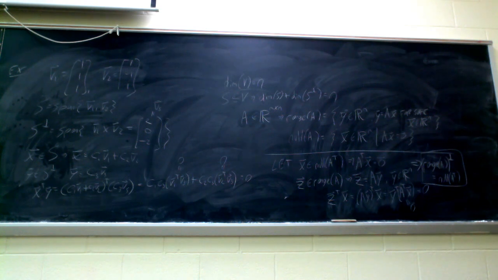And of course, this goes both ways. The orthogonal complement of the null space of A is the range of A transpose.